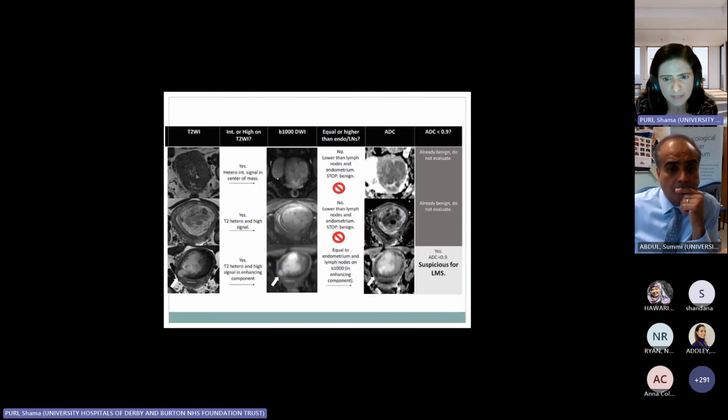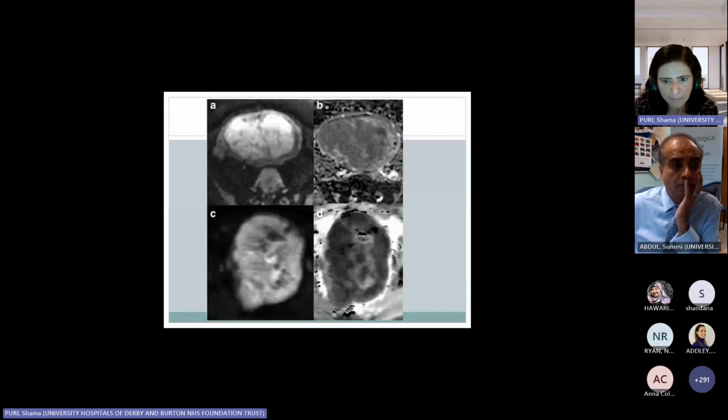And similarly, they have given this in picture form as well. So if this is low T2, then you look at your DW, then you look at your ADC. So that's quite helpful. These are two examples they put. This is a cellular fibroid, and this is leiomyosarcoma. You can see this has more smooth margins. This has more irregular margins. It looks more heterogeneous.